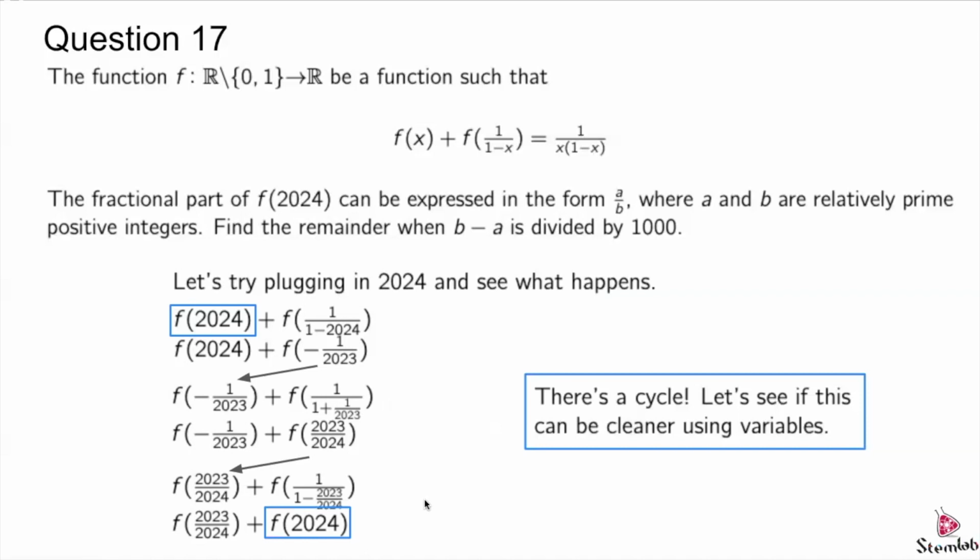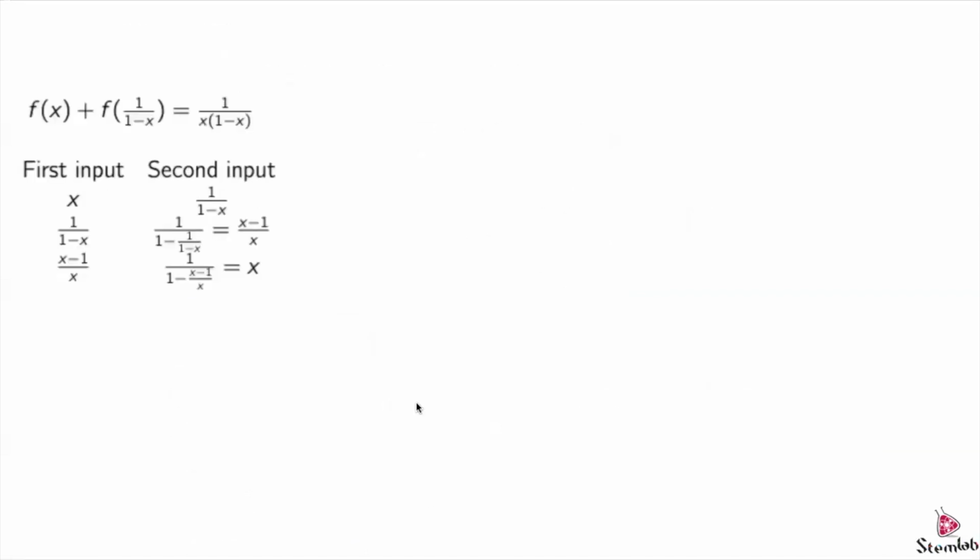So let's go back and work with variables and hopefully make it a little bit cleaner to follow. Okay, so again, restating the function here, if the first input was x, the second input is 1 all over 1 minus x. Using that as the first input, we get that the second input can actually be simplified to x minus 1 over x. And if we use x minus 1 over x as the third first input, the second input is x.